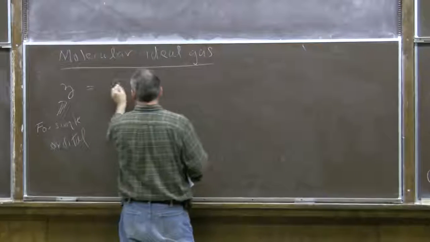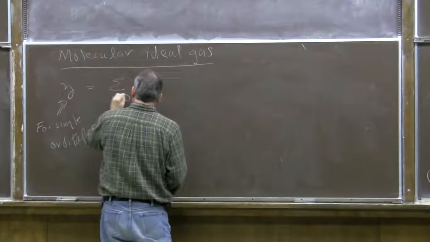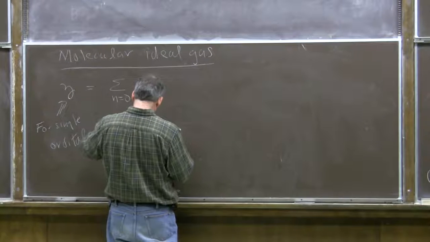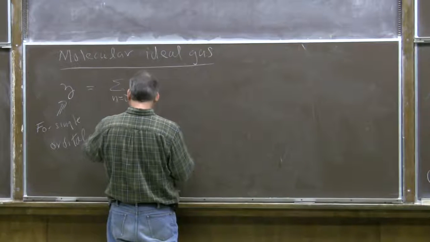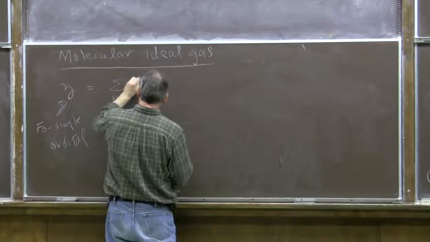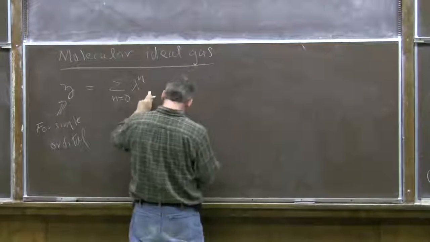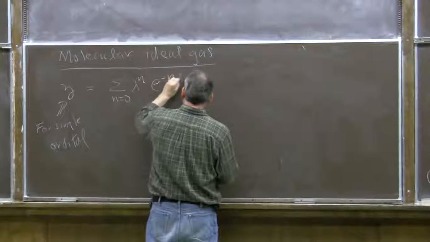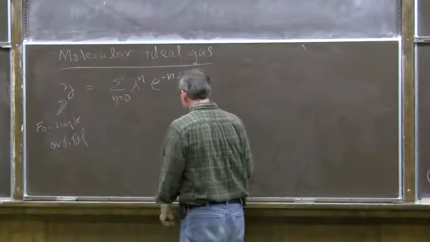We sum over the occupation of the orbital, and I'm treating the molecules as bosonic, so there's an activity raised to the nth power, e to the minus n epsilon over tau.